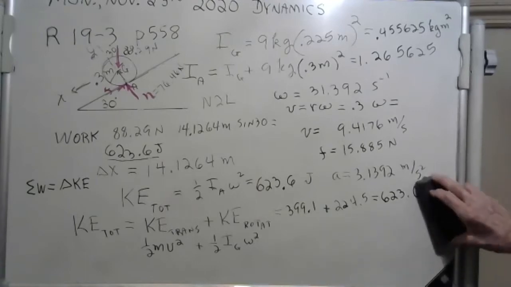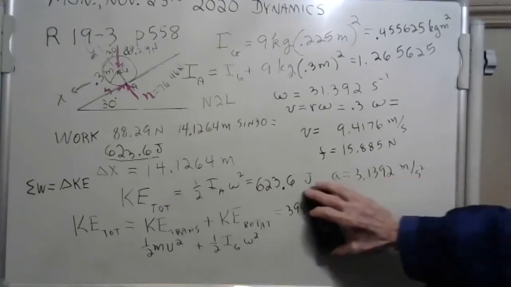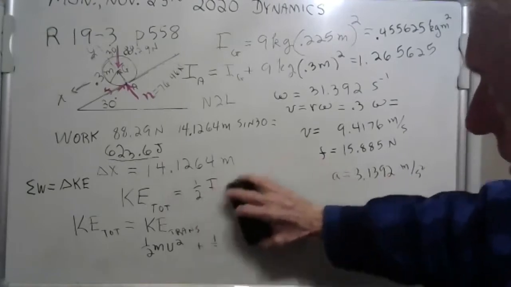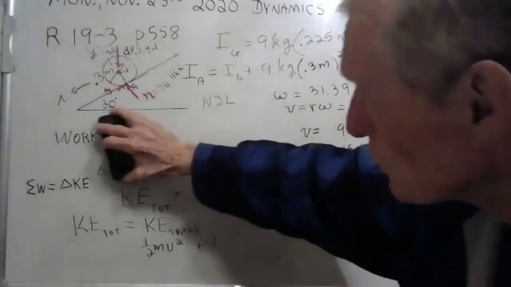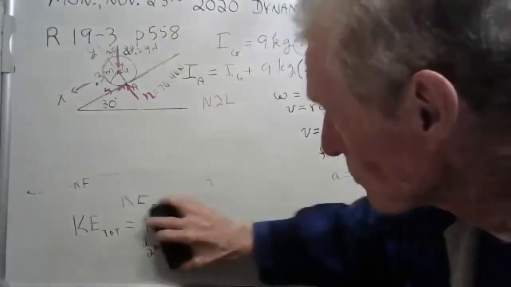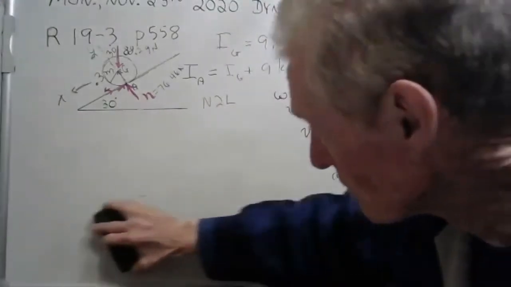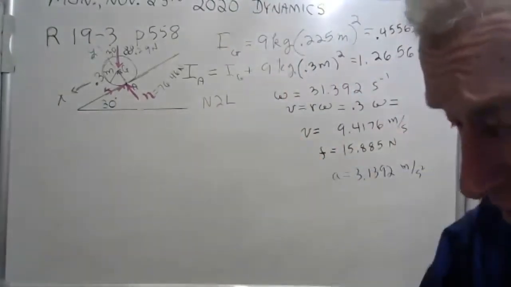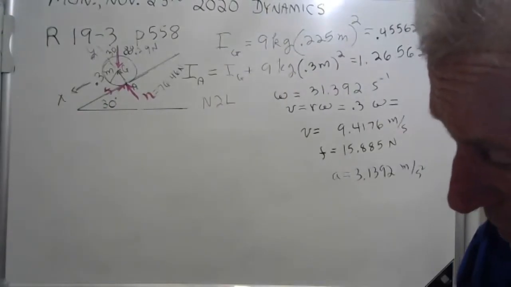Well, we know we got all right answers here. We don't really need to check anything, but we're students. We're trying to master this material. And there are some equations we haven't really used yet.